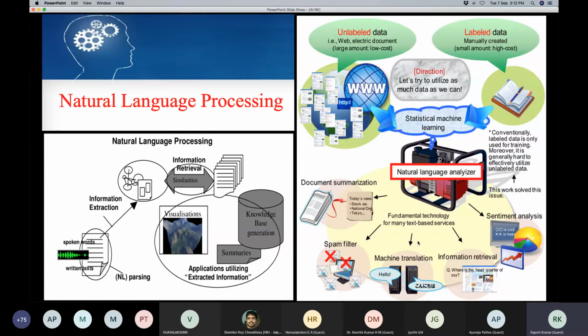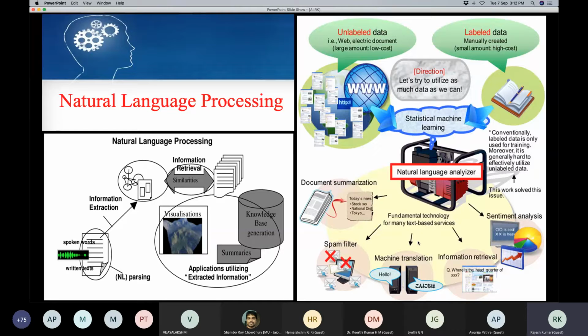It can be a spam filter for your mails, which automatically filters out which are spam and non-spam mails. It can be used for machine translation, converting one language to another, Korean to Hindi or English to French. It can be information retrieval, where you have information and want to see where something is given.